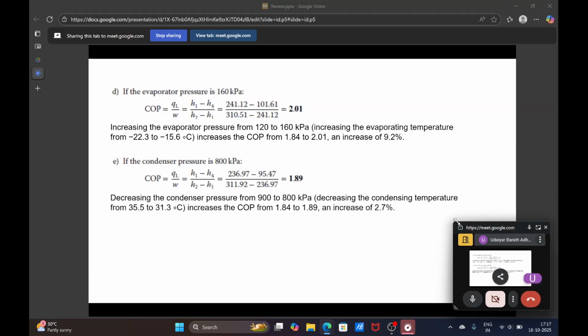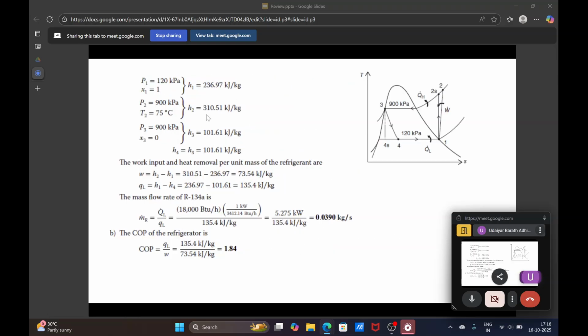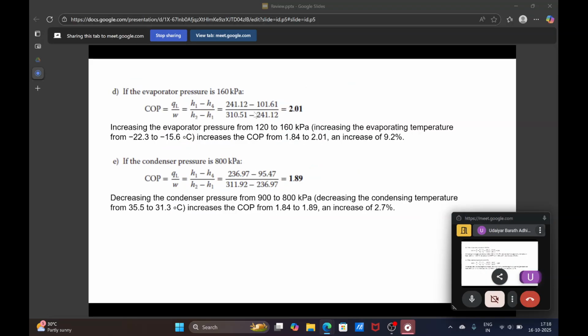Substituting the enthalpy values, H1 is 241.12 in this case when your pressure is increased from 120 to 160 kilopascal. So the enthalpy is 241.12 and H4 is 101.61, which is the same. Similarly H2 is 310.51, so only H1 changes. That gives you a COP of 2.01.